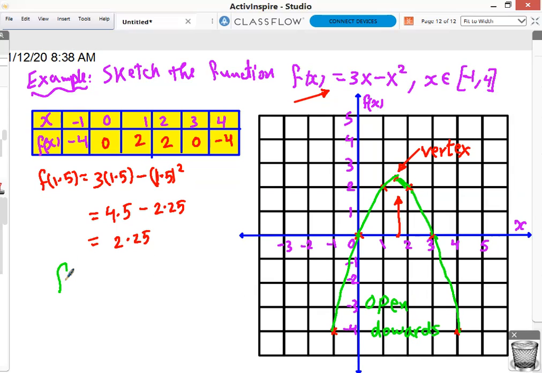Again, your f of x equals 3x minus x squared. A equals what? 1. No. What is a? Negative 1. Very good. Then it's negative 1, less than 0. I told you before, if it's less than 0, it will be open downwards.